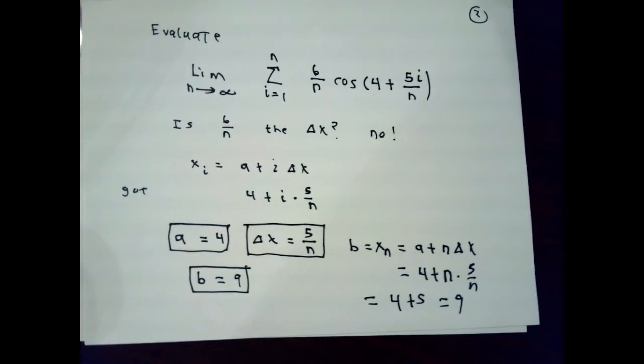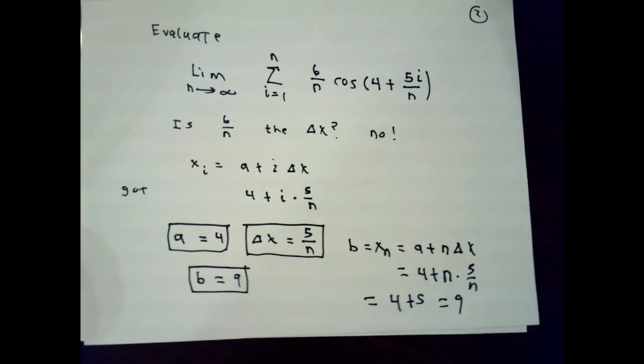I also need to know what the upper limit of integration b is, but b is x number n, which is a plus n times delta x, which is 4 plus n times 5 over n, which is 9.